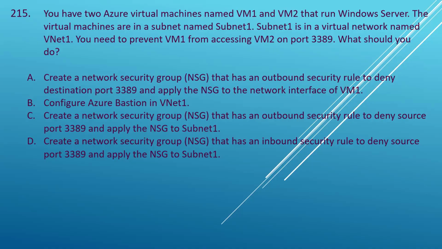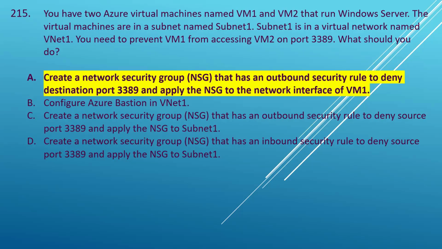And folks, the correct answer here, which fulfills the requirement, is option A. Create a network security group that has an outbound security rule to deny destination port 3389 and apply the NSG to the network interface of VM1.